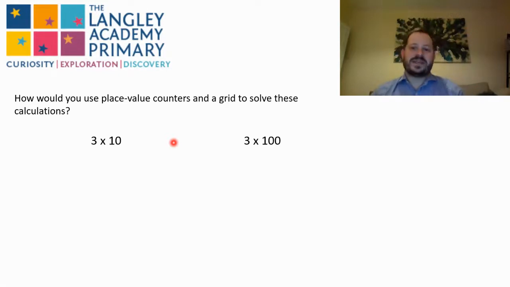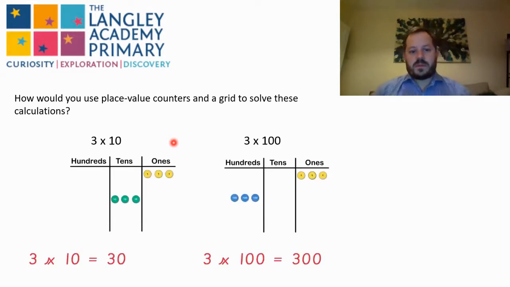Okay, so let's have a quick look at how this might look when moving forwards. So here are the answers, and what we're doing here is we've got 3 times 10. So here are my 3 ones. Now each of those 3 ones need to become tens, not ones.